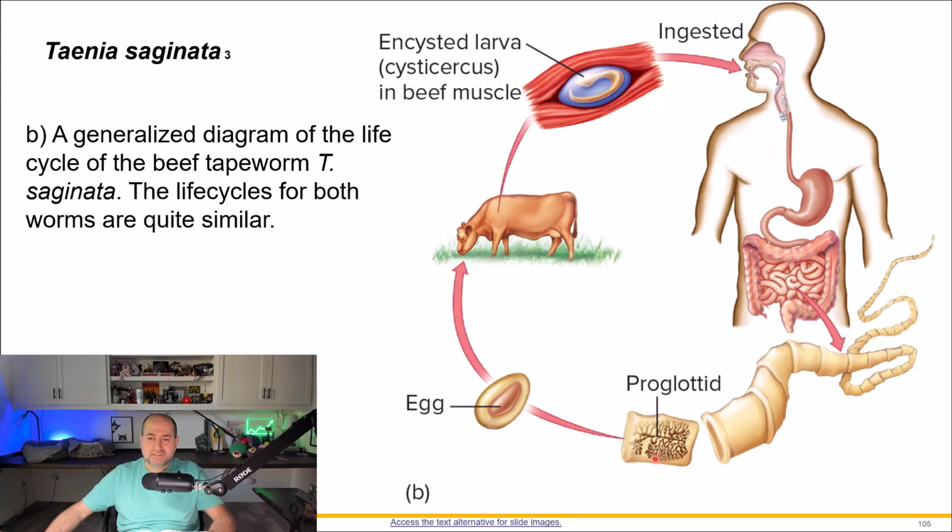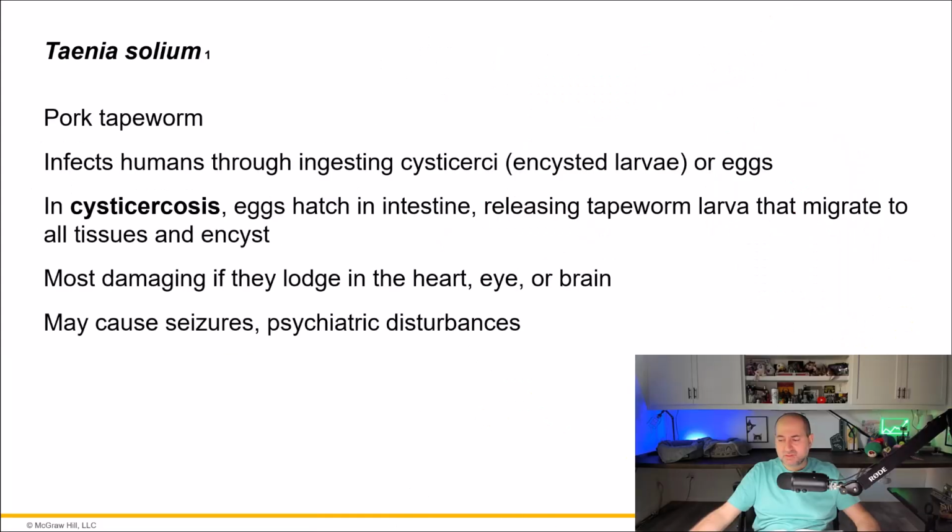These are proglottids, which can form the sperm and the eggs. And then those eggs are released in the stool. If those eggs contaminate the food supply of bovine or cattle, those cattle will ingest those eggs. Those eggs form cysts inside of the muscles of the cattle. And then again, if you eat undercooked meat, the cycle continues.